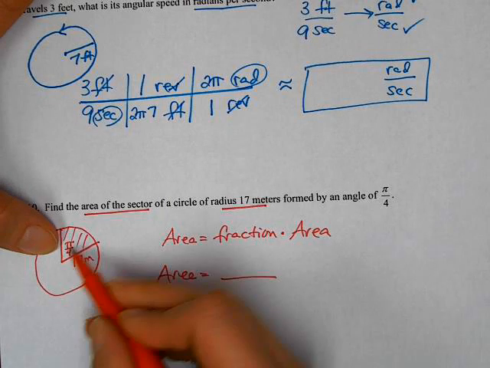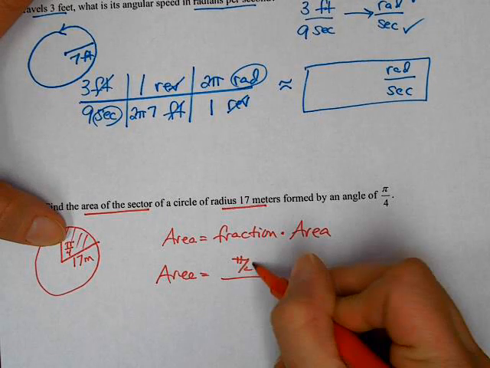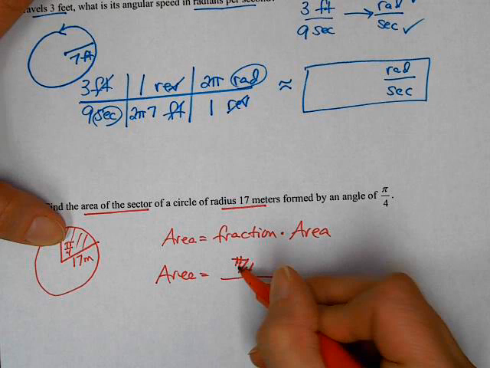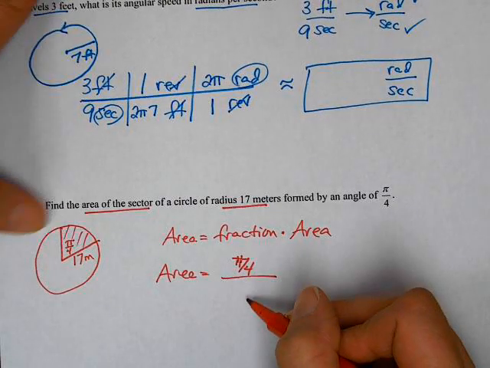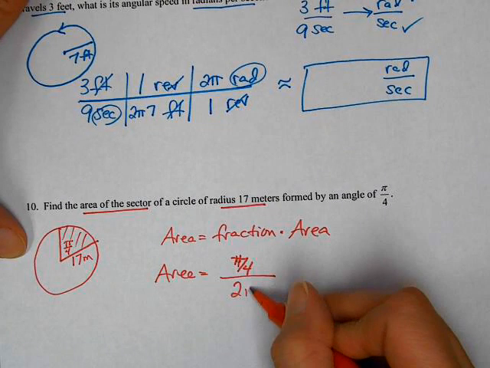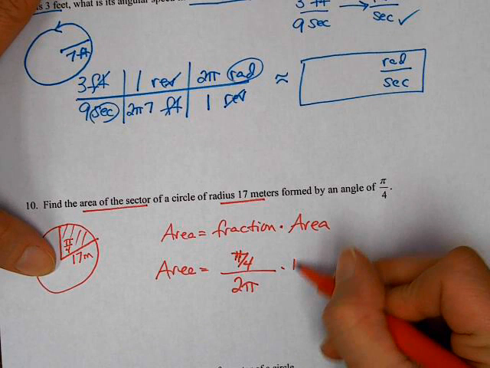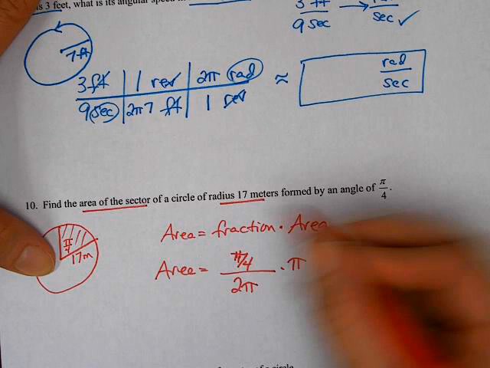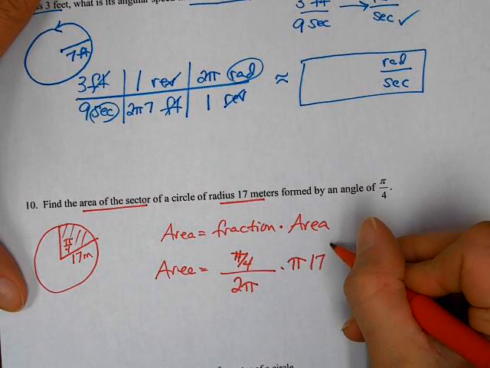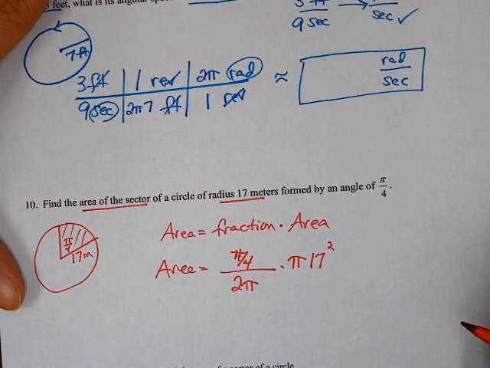It's some sort of angle. It's pi over 4 out of the total. This is radians. What's the total radians in a circle? 2 pi. And the area of this circle would be pi r squared. And the radius in this case is 17 squared.